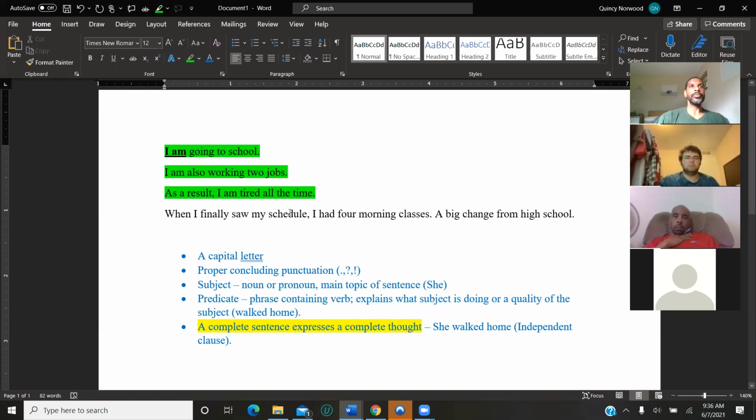So a lot of times, when we have a fragment in our essay, we can look, right? Am I missing a subject? Am I missing a predicate? But again, another way to gauge, right? Check to see if it expresses a complete thought.